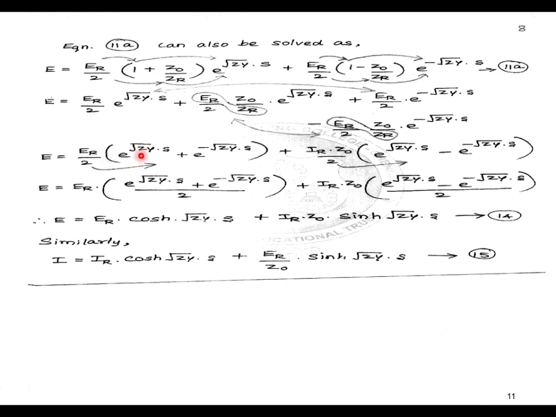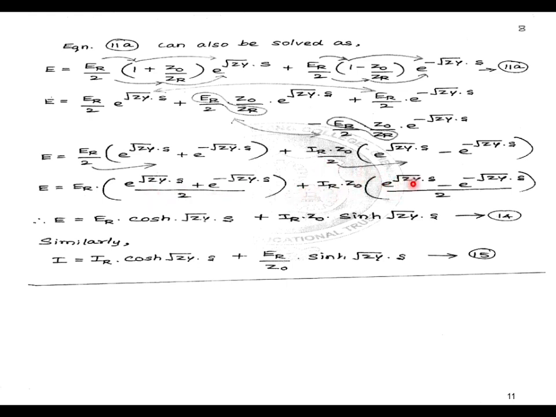So ER divided by 2 into e power root of ZY S plus IR Z0 divided by 2 into e power root of ZY into S, plus ER divided by 2 into e power minus root of ZY S. Here we see ER divided by 2 and ER divided by 2 with e power root of ZY S and e power minus root of ZY S. From these two, we can take ER divided by 2 outside.